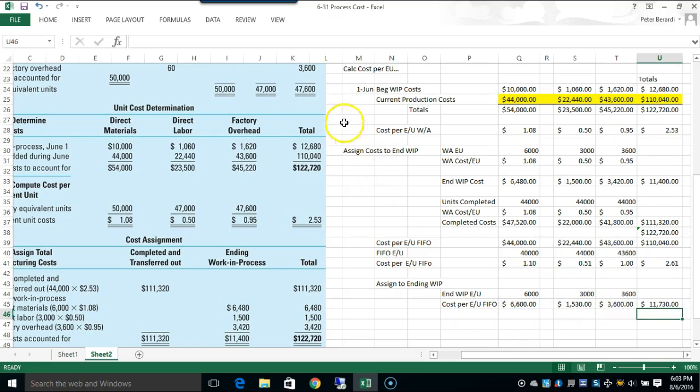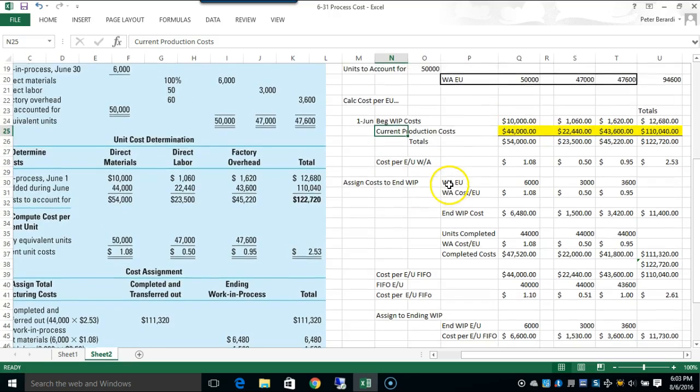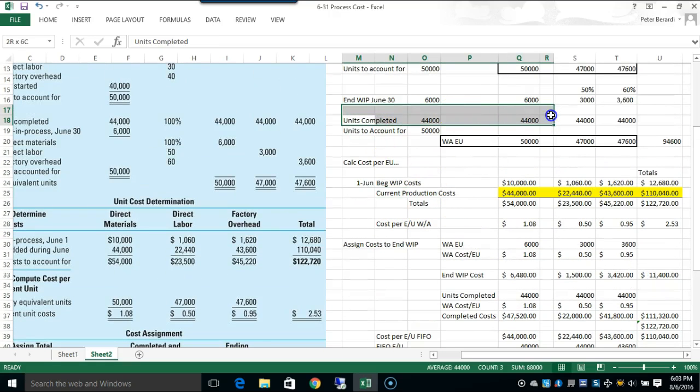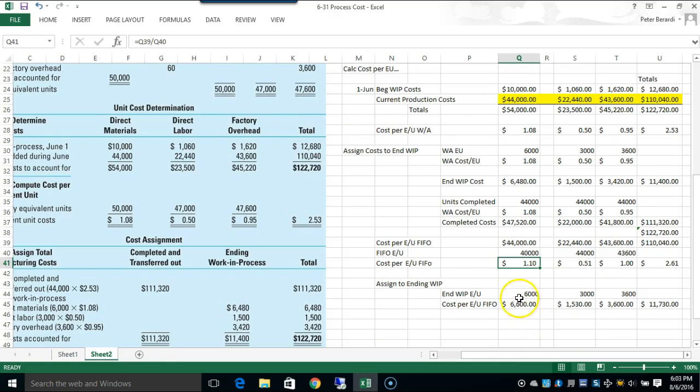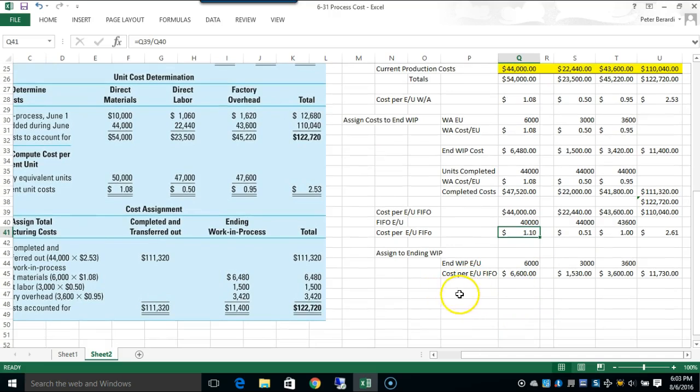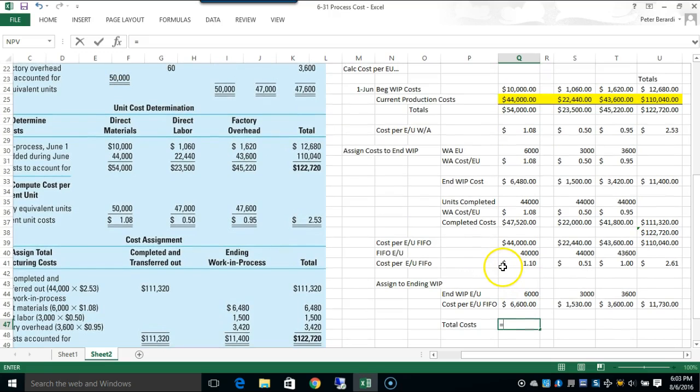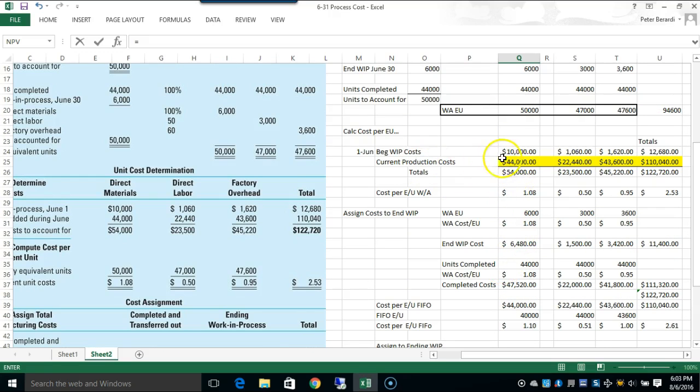Now, to get to the ending WIP, units completed, do not take 44,000 multiplied by $1.10. It's not weighted average. You'll come out with the wrong answer. So just take your total costs, which is given to us in the problem. Right here are our total costs.